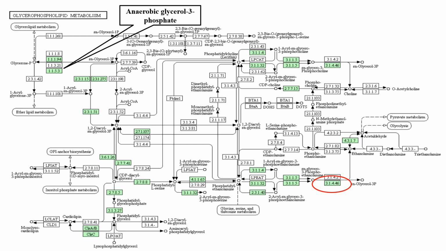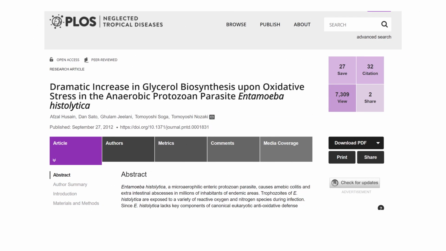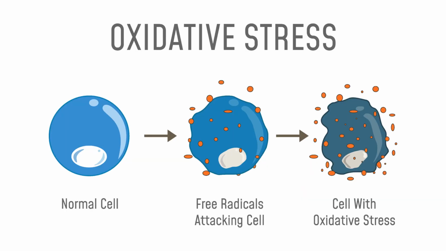Now you can see from some of the research that was done before, there's an abundant increase of glycerol inside the cells when the cells are under oxidative stress, which means the reactive oxygen species cause the pathway for glycerol metabolism to block, which in turn causes an increased amount of glycerol within the cells. So all of the pathways I've discussed throughout this video presentation have only one thing in common.